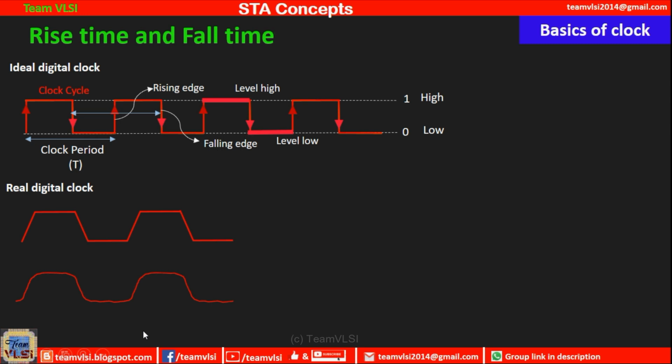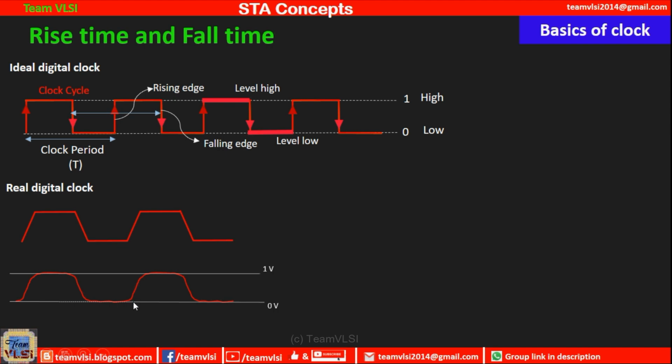From here, one thing we can observe is that the rate of rising at the moment it starts to rise is very low, then it increases, and in this duration the rate of rise is almost constant, and again the rate of rise decreases when it approaches logic 1.